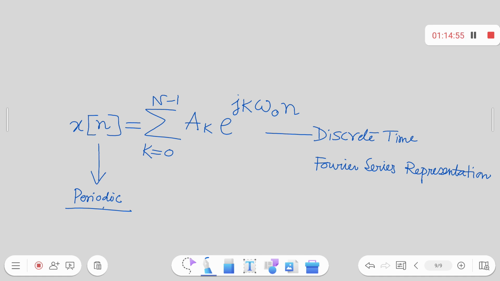It is the discrete time Fourier series representation of any arbitrary signal x of n which is periodic in nature, having a period equal to n. What are those a k's? These are the corresponding weights associated with the kth complex exponential, complex sinusoid. This one. Similarly, you can also have the continuous time Fourier series representation for continuous and periodic signals.